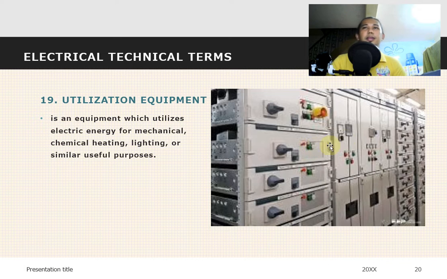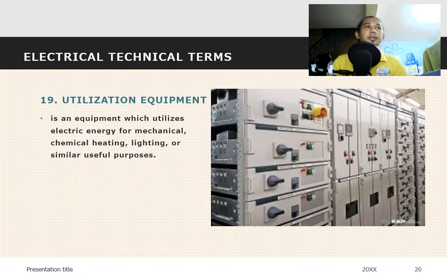This picture is from a factory. Each factory has dedicated utilization equipment to utilize the electricity. For example, one part is for heat, for cold, or for lighting, etc. So that's it.